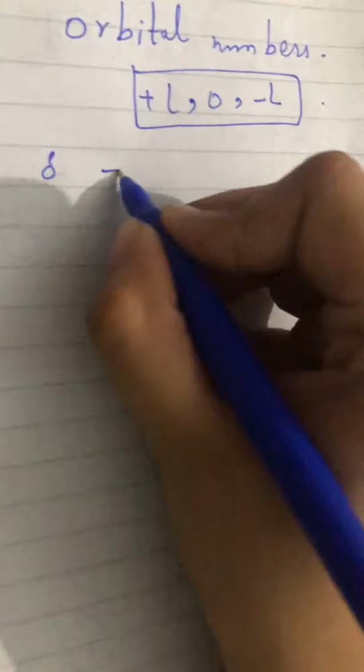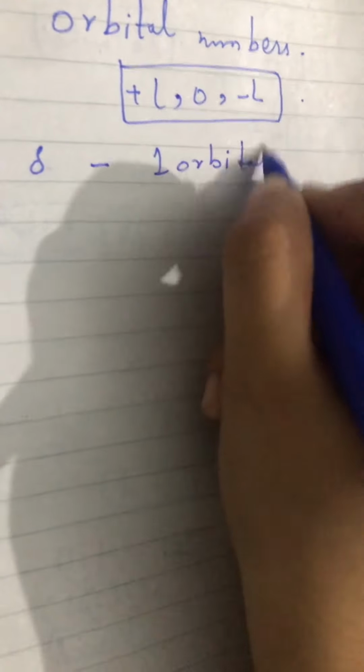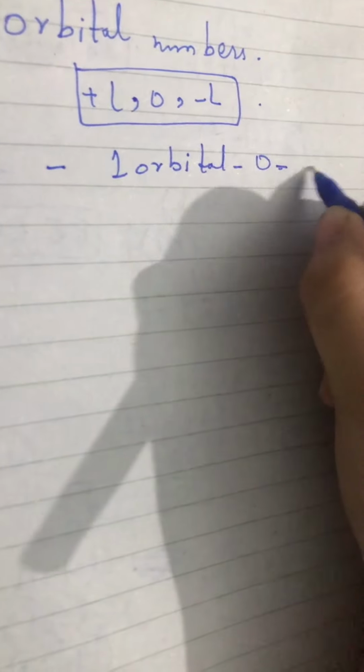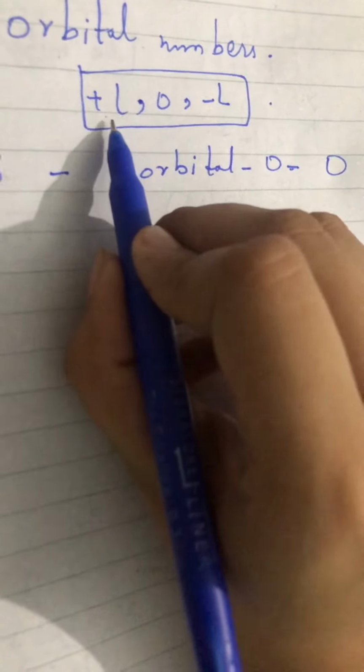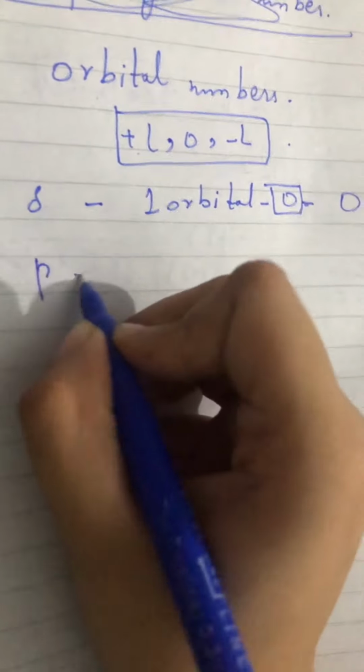There is an S shell that has 1 orbital, as we found before, and 0 orientation. Now what will be the orbital number? That will be 0, because here in plus l we have no value, since there is 0 orientation. Here only 0 will be there.